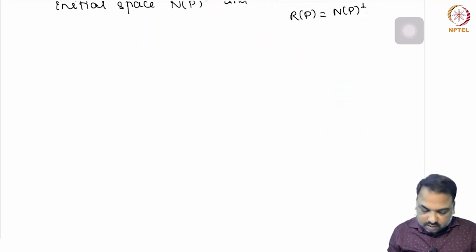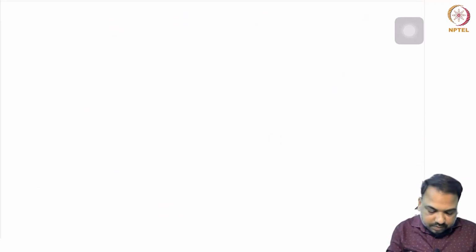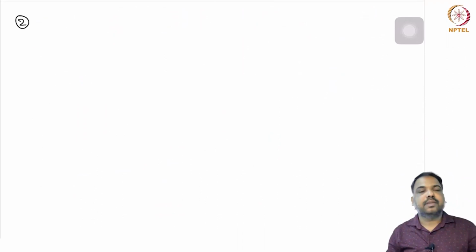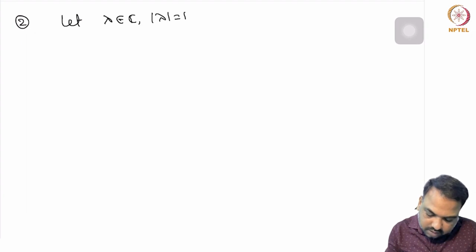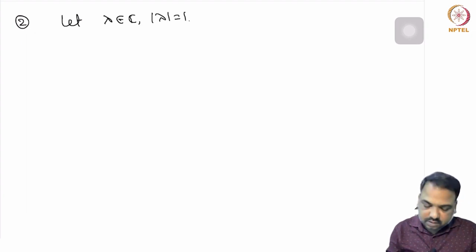Okay, so let us look at one more example. So let us take a complex number lambda with mod lambda equal to 1.